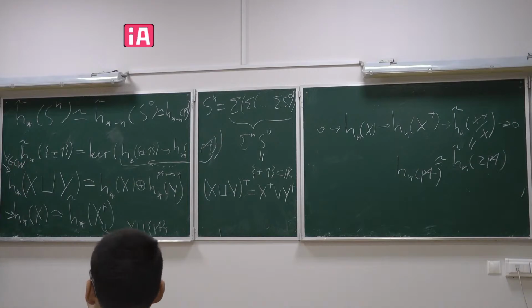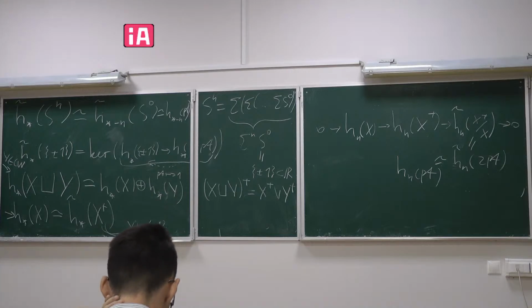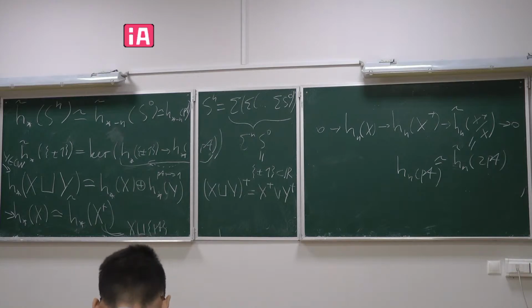So we have all those wonderful things, if only we're able to prove that the reduced homology of a two-point space is the same as the non-reduced homology of a point. This is left as an exercise. If people want to see this in more detail, we'll talk about it next time.